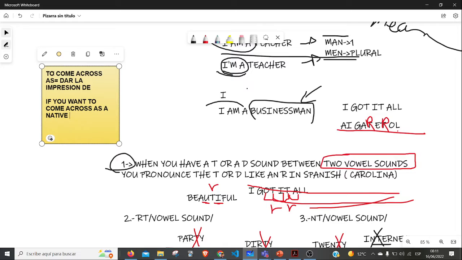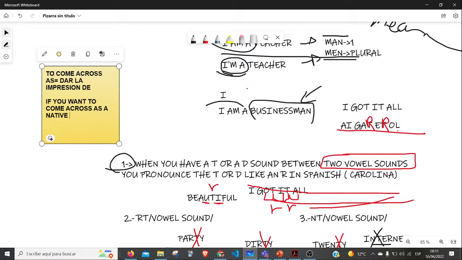If you want to sound like a native, you want to come across, dar la impresión. Did you understand? You have to use these rules. Yes, rule number 1, rule number 3, and rule number 2. You get it?